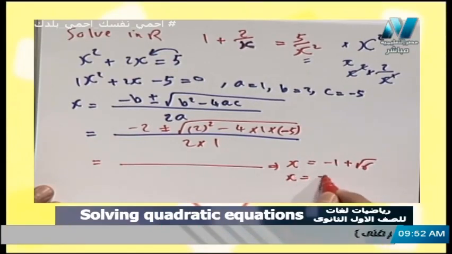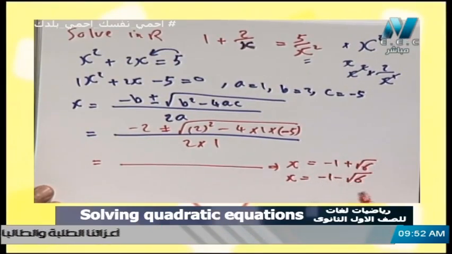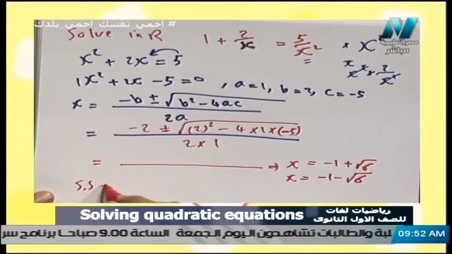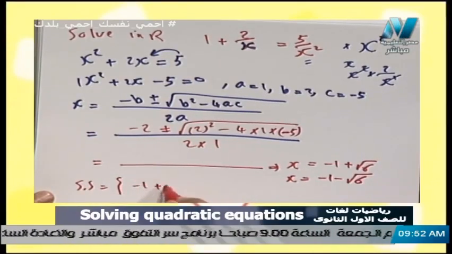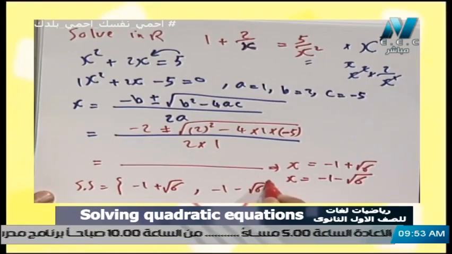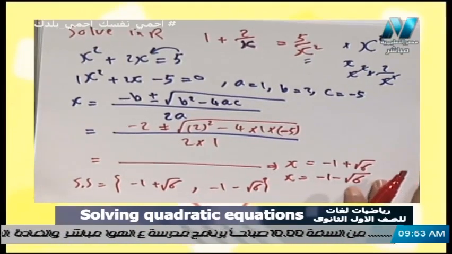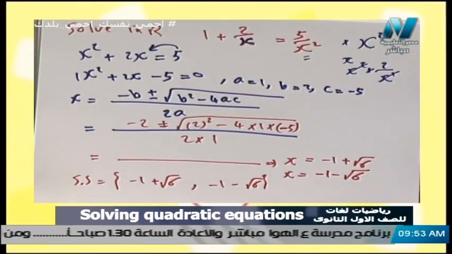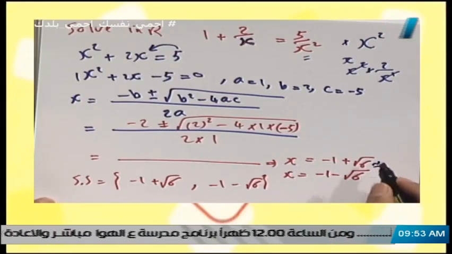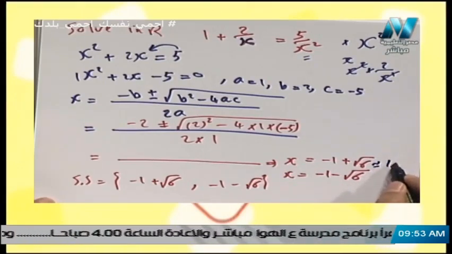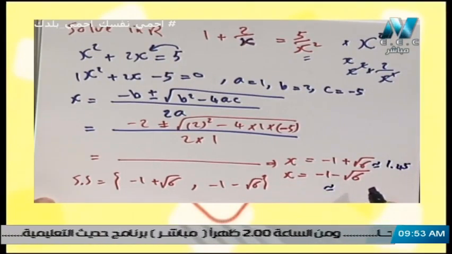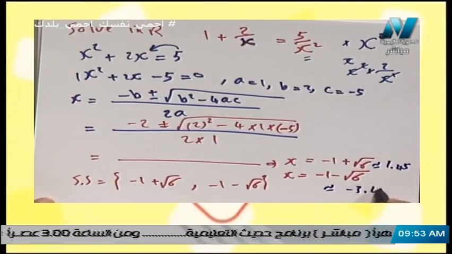and the other x will be -1 minus root 6, and notice that they are conjugate, so we can write the solution set as -1 plus root 6 and -1 minus root 6, or we can put it in decimals, approximating to the nearest two decimals. The first one is approximately 1.45, and here approximately equals -3.45.